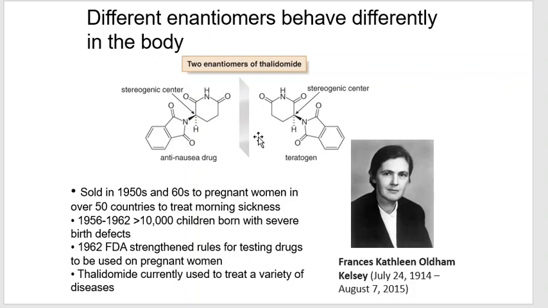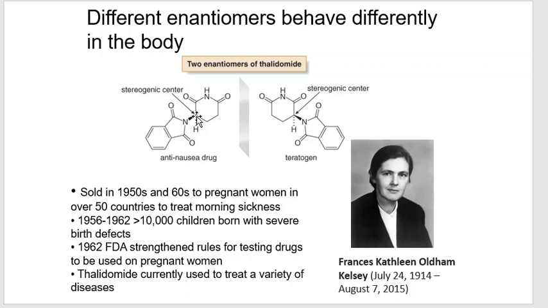The hard thing about this is that this is a labile carbon, meaning that it racemizes in situ. If you start with R and you let it sit around, you'll eventually get some of the S as well.